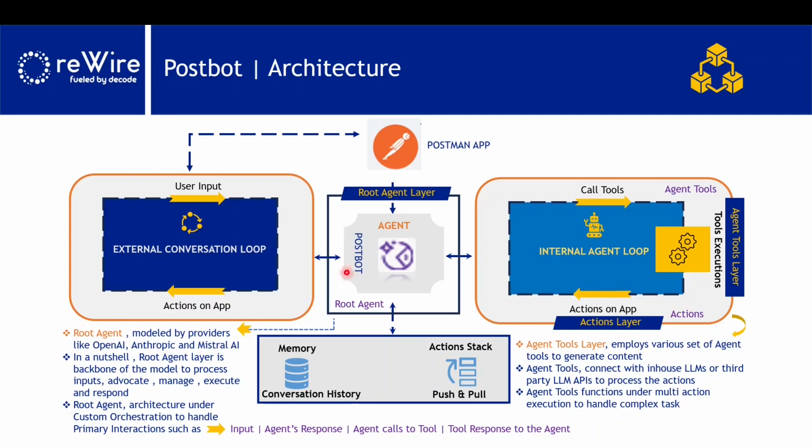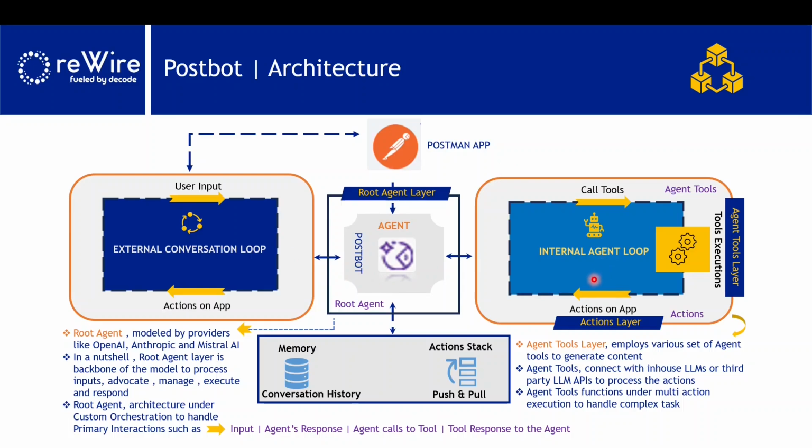This agent is being developed on these platforms and takes leverage of them to give the right results back to the end user. In a nutshell, the root agent layer is the backbone of the model to process inputs, orchestrate, manage, execute, and respond. Okay, so this is the backbone for the entire Postbot.